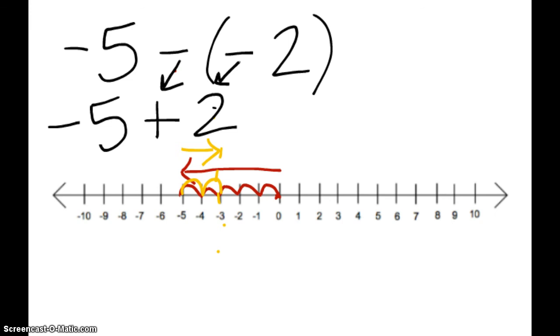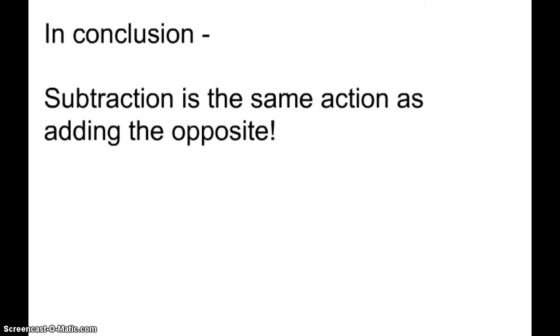This is a difficult concept to understand on a number line. Everything seems backwards. So in summary, subtraction is the same action as adding the opposite. So every time you see a subtraction problem, what I want you to do is add the opposite. So write down 3 minus 2.